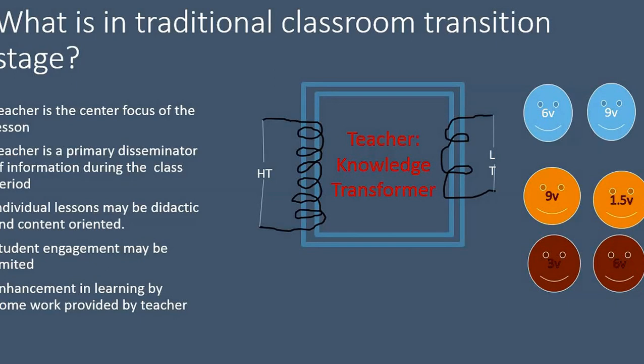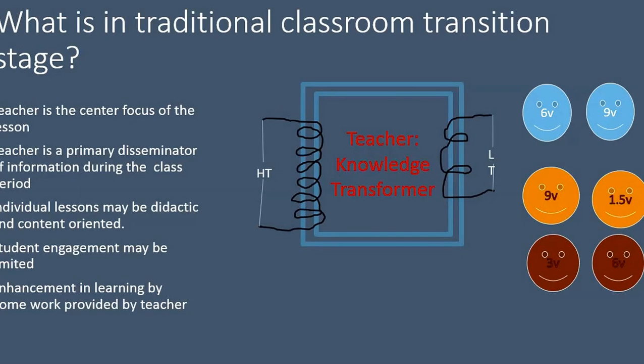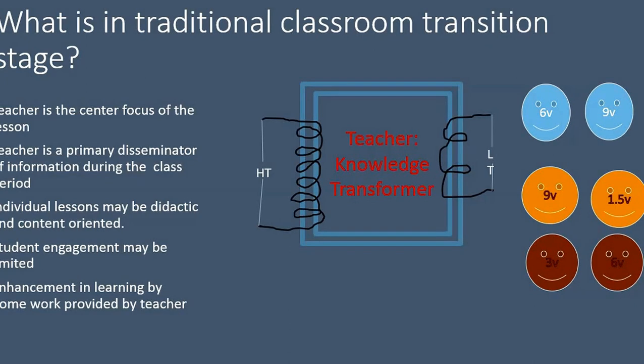Here, as this transformer is transferring the knowledge in the form of voltage, you say, like somebody is requiring 6 volt, 9 volt and 1.5 volt, 3 volt, 6 volt, means, I mean to say that their needs are not common. So is a teacher, being a transformer of knowledge, fulfilling the needs of every learner?